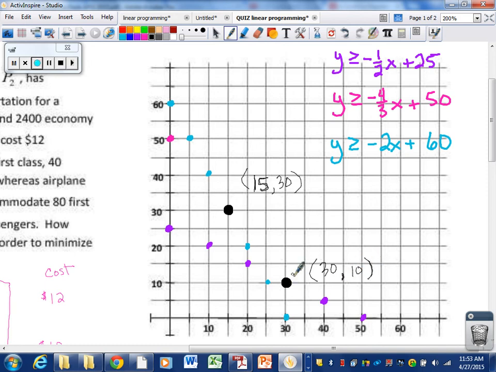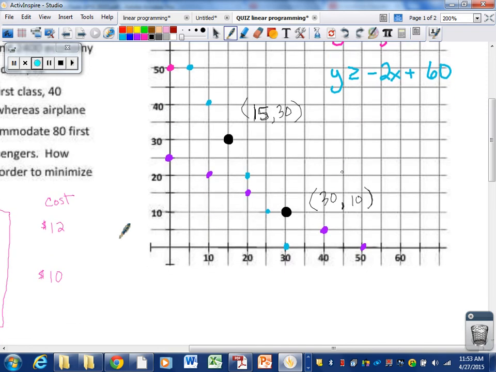So here we have two options, and you want to remember to minimize your cost. Your costs are $12,000 for plane 1 plus $10,000 for plane 2. We can do that quickly down here. Let's try this point first: 12 times 15 plus 10 times 30.